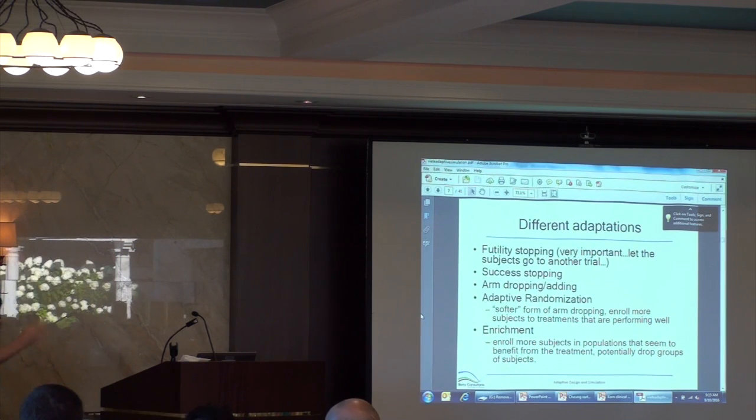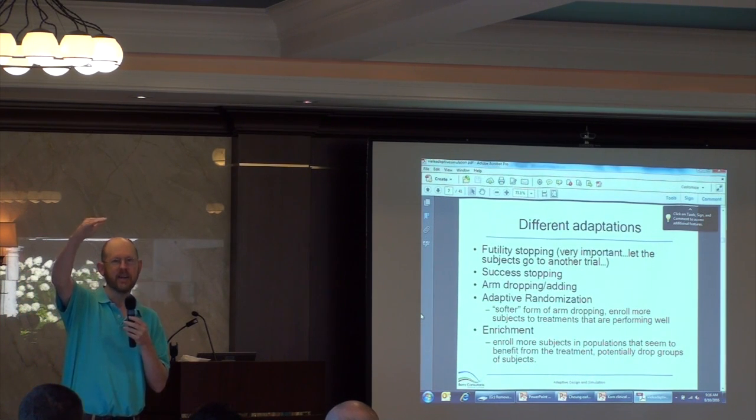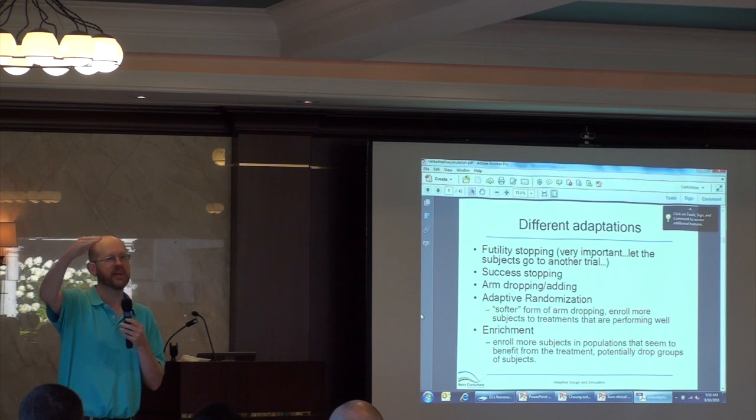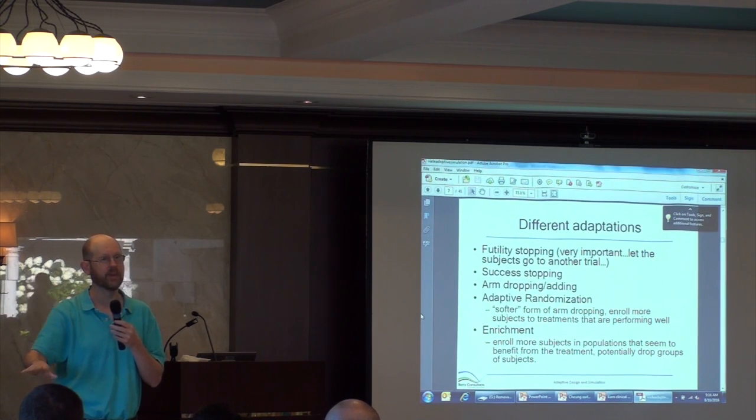These are usually called, so futility stopping, success stopping. These get names like arm dropping or adding, so if you're adding treatments. Adaptive randomization, I'm going to talk about this in the Ebola trial, is kind of a softer form of arm dropping. If you drop an arm, you're in, and then suddenly when the next patient comes in, that randomization probability goes to 0. You don't allocate anybody there anymore.